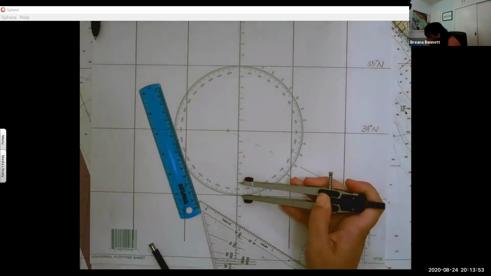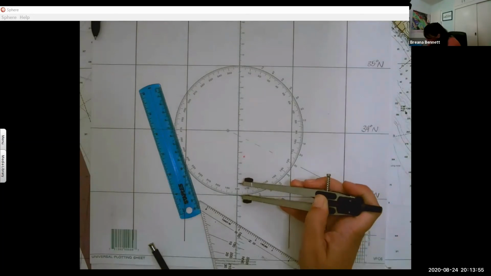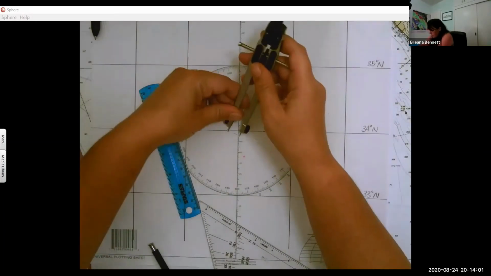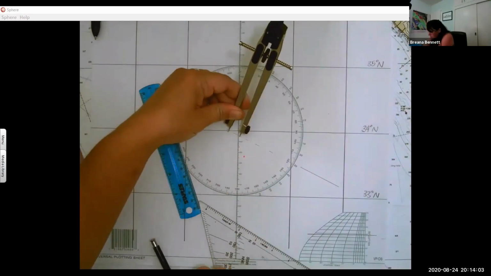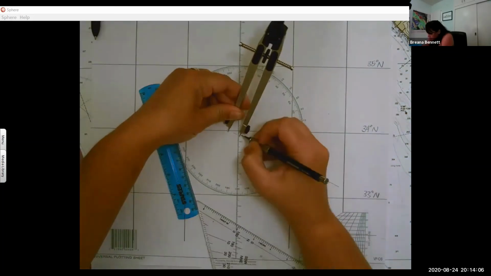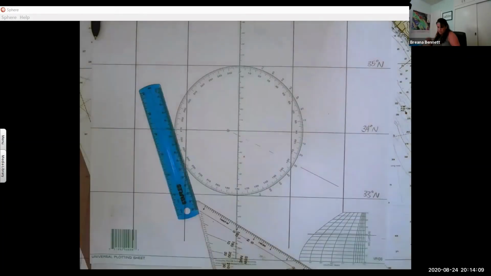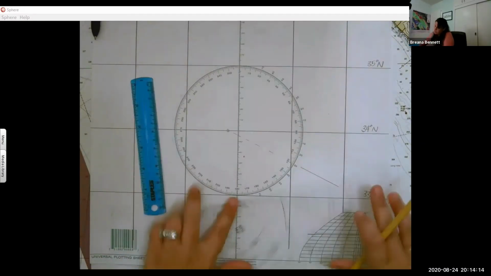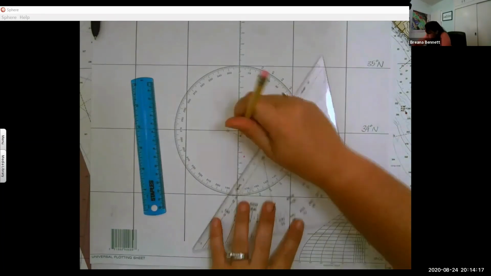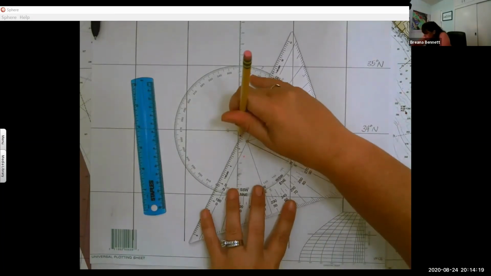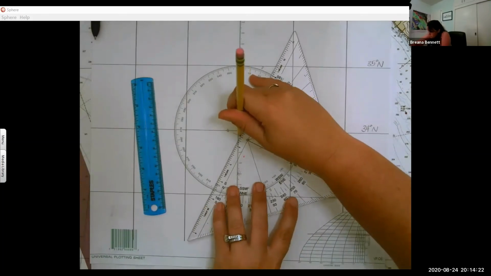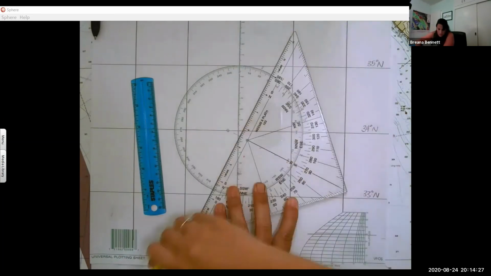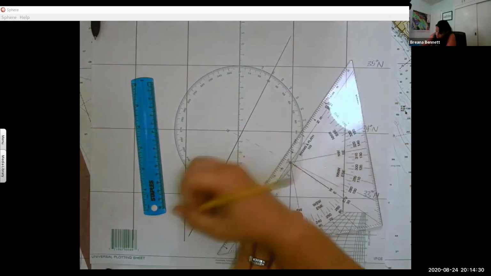So let's find 11.6. Okay. And now we'll plot our first star, which is Altair.